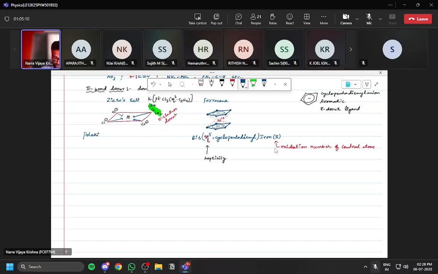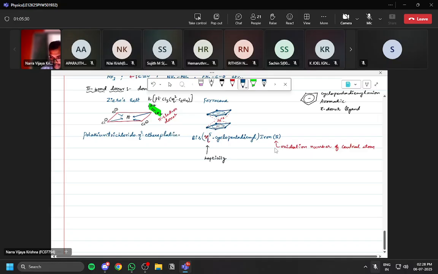Potassium trichlorido eta 2 ethene platinate.